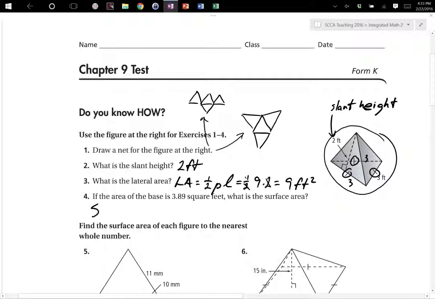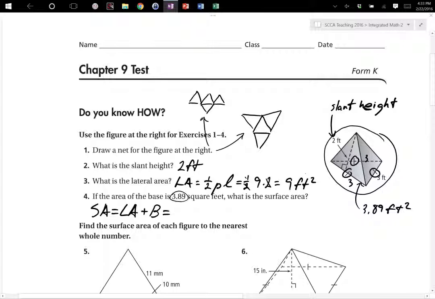And then what is my surface area? If the area of the base is 3.89 square feet, what is the surface area? So it's telling me that this bottom is 3.89 feet squared. So my surface area is the lateral area plus the base area.